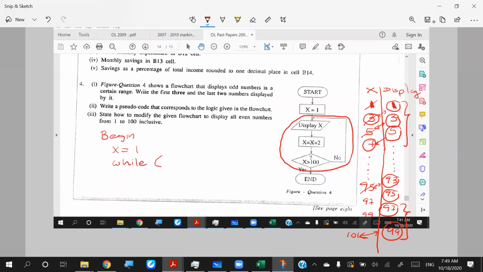So while, and remember people, now this is iterating on the no side. If it is iterating on the no side, when it comes to the pseudocode, the while condition should be flipped to its opposite. It is because you can enter into the while loop only if the condition is true, right?